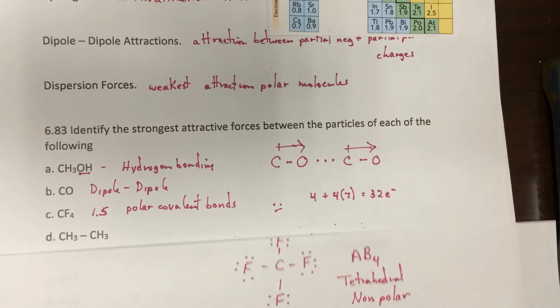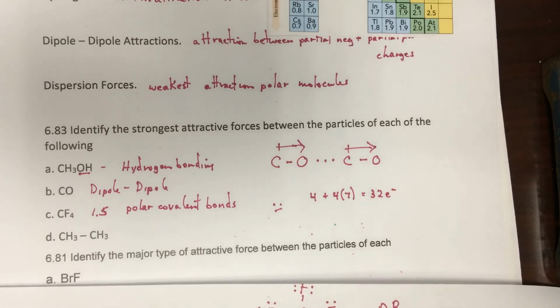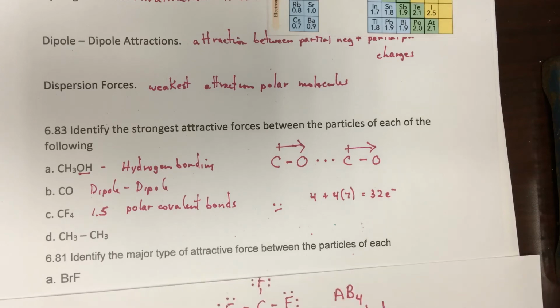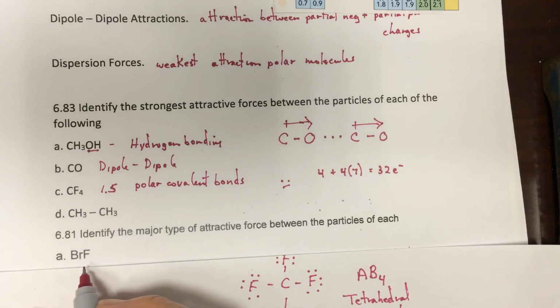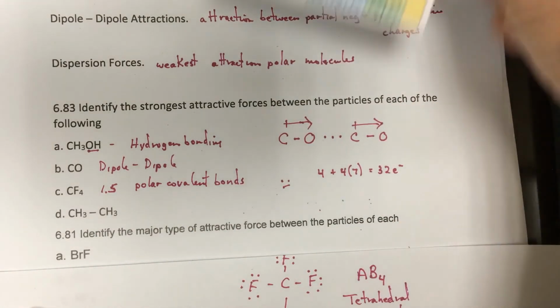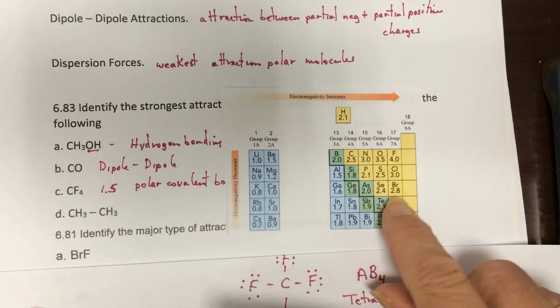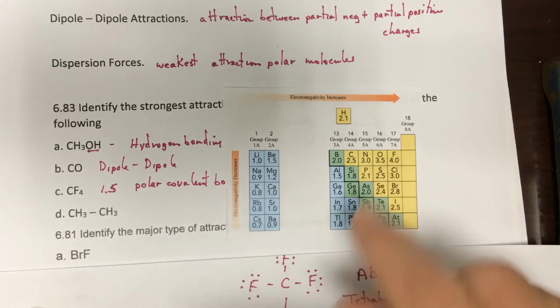So let's skip down and identify the major attractive force between these. So we've got a bromine and a fluorine. Again, we need our electronegativity table. You've got bromine at 2.8, fluorine at 4.